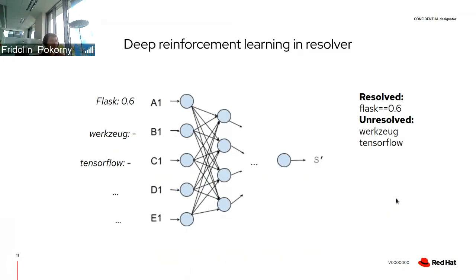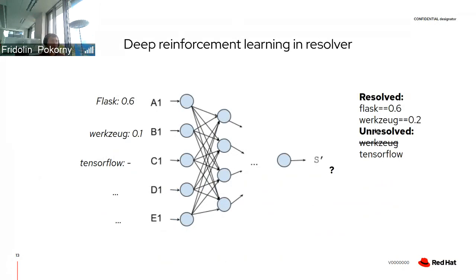We can ask the neural network what will be the predicted cumulative reward if we consider Werkzeug in version 0.1 in the process, and the neural network will answer. Another possible resolution path can be Werkzeug in 0.2, and again the neural network will respond with some prediction on the cumulative reward.